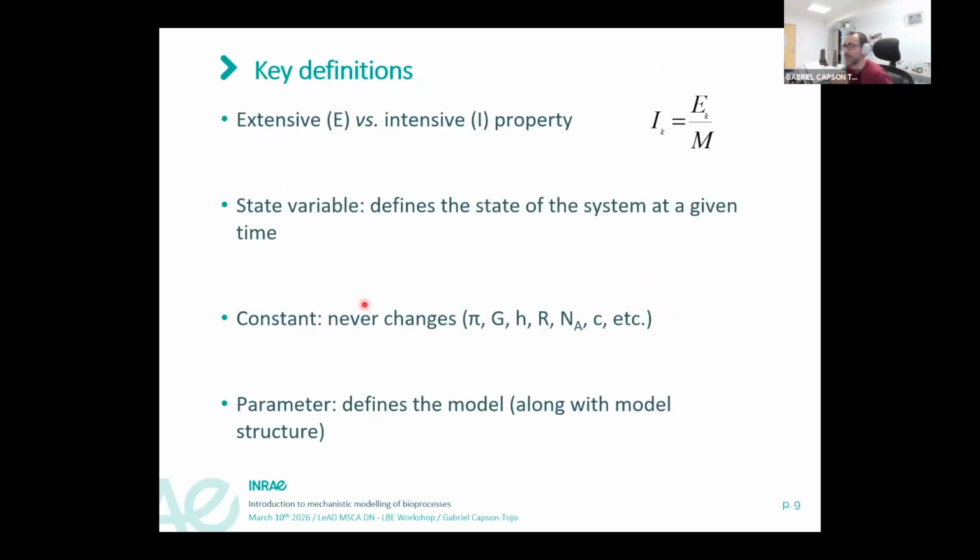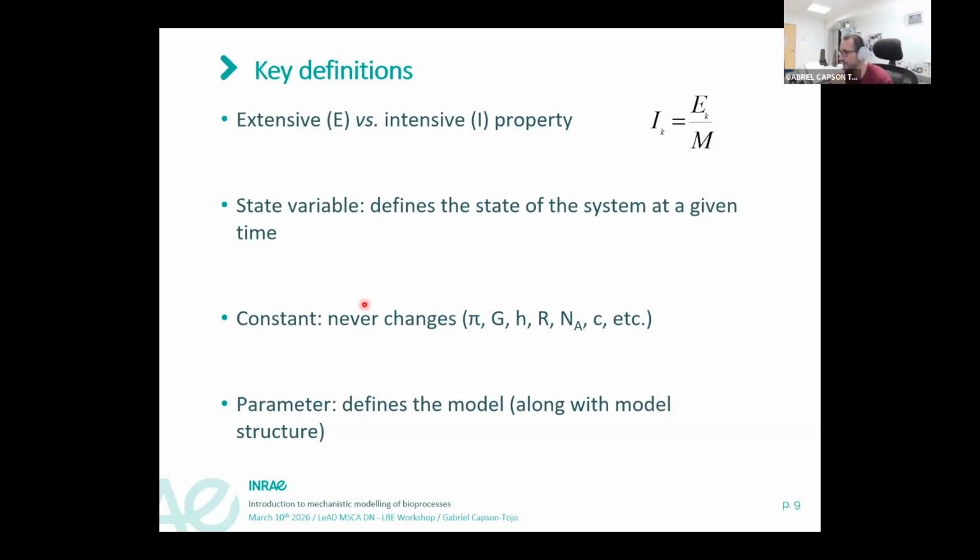And before I go back to biological systems and defining reaction terms and stoichiometry and all this stuff, I want to define quite a few things because many times this is not clear, and not only for students, but also for people that are not very much into this kind of modeling exercises.